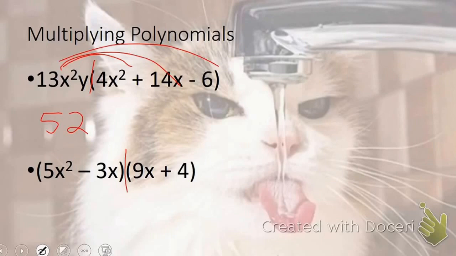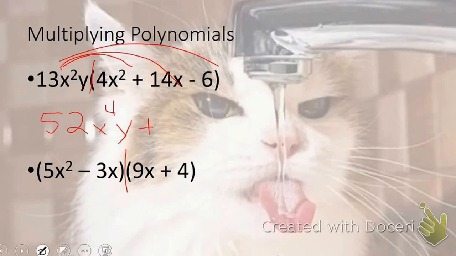X squared times x squared, we're going to keep that base, that stays x. And 2 plus 2 is 4. Now the y, there's no y there, so y to the first times y to the 0 stays just y. Alright, so that's our first hua.